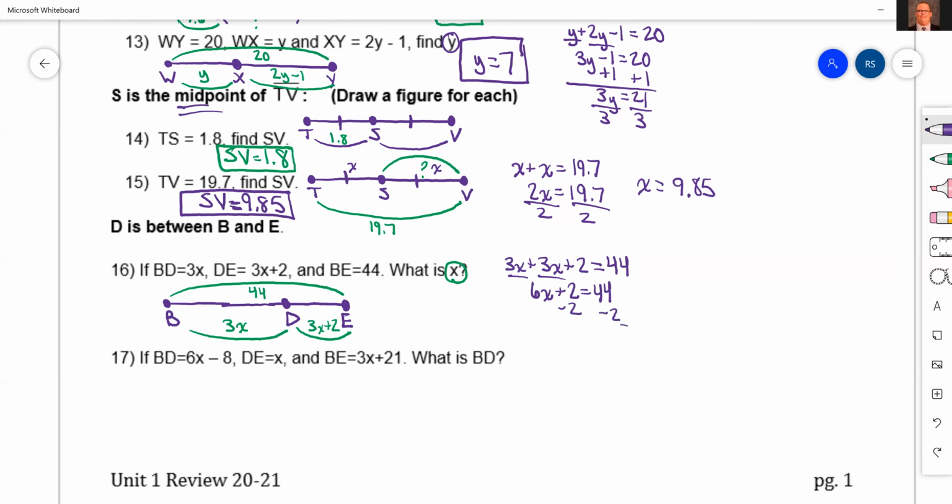Move the 2 over. You have 6x equals 42. Divide by 6. And you get x equals 42 divided by 6 is 7. There's our answer on that one. It just asks us to find x, so we're good.